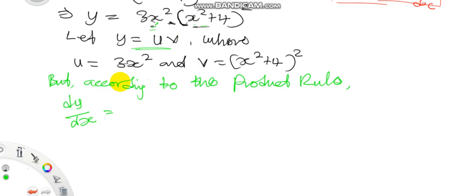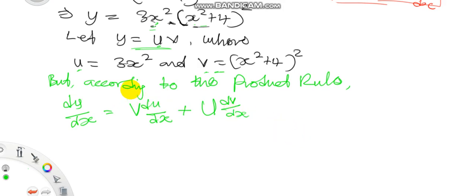So dy/dx is equal to v du/dx. We hold the second function constant and multiply it by the derivative of the first one, u, plus u, where we hold the first function u and multiply it with the derivative of the second function v, so dv with respect to x.